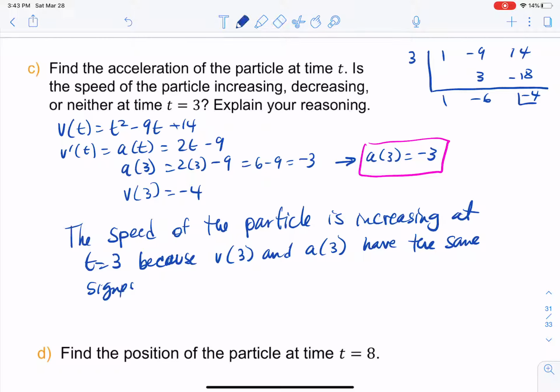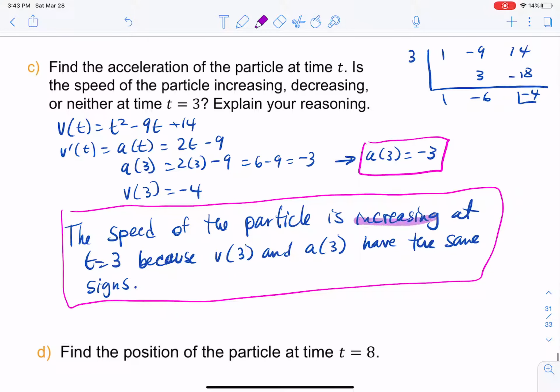Man, I can't spell this word, apparently. Take it slow, and you're done. So it is increasing at that time.